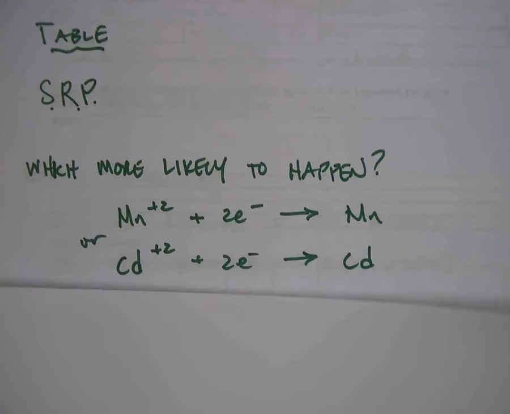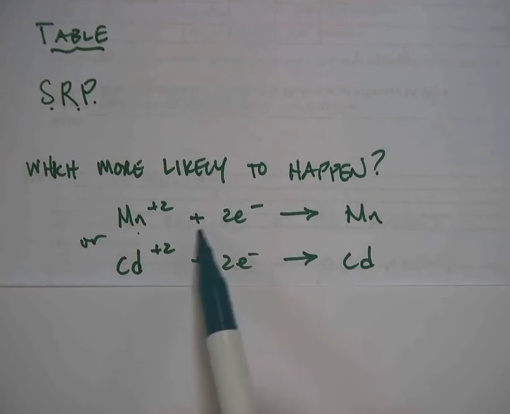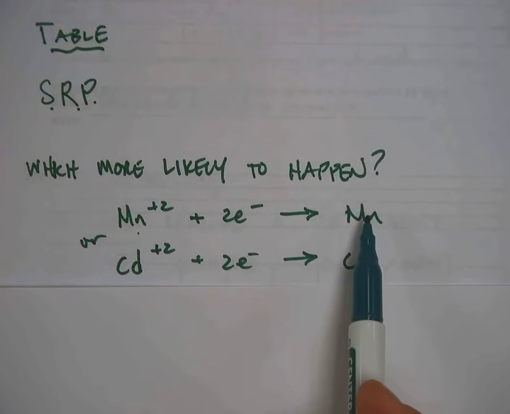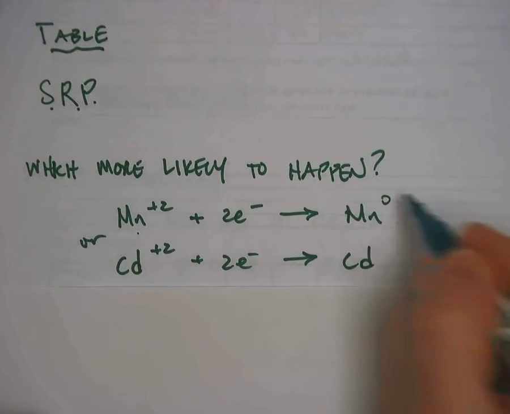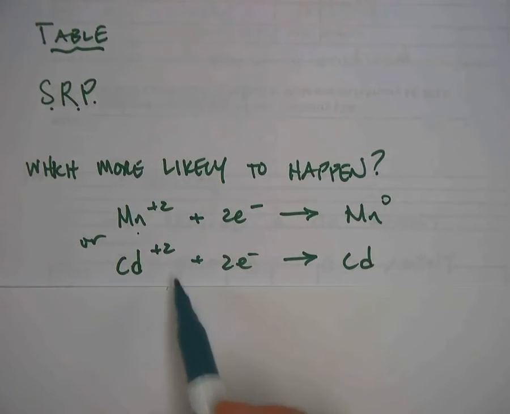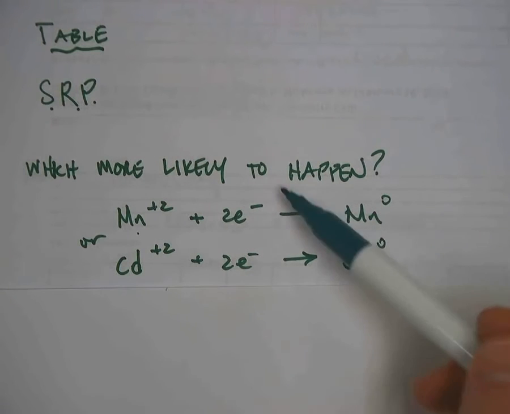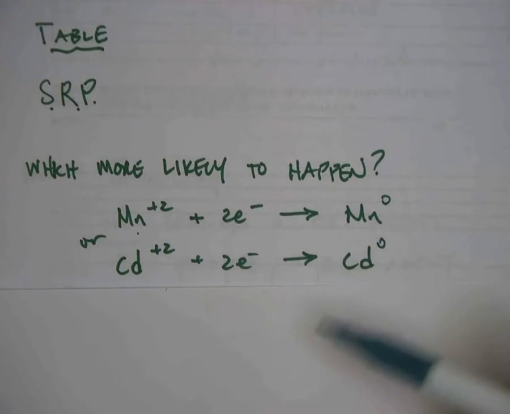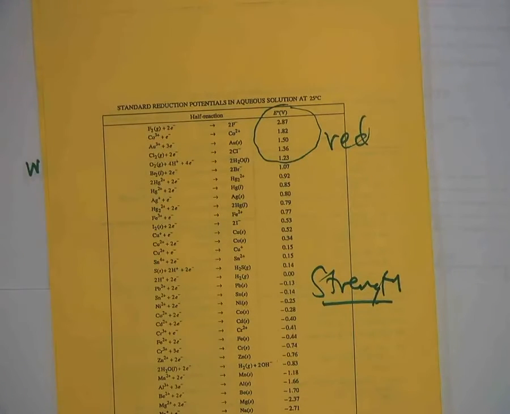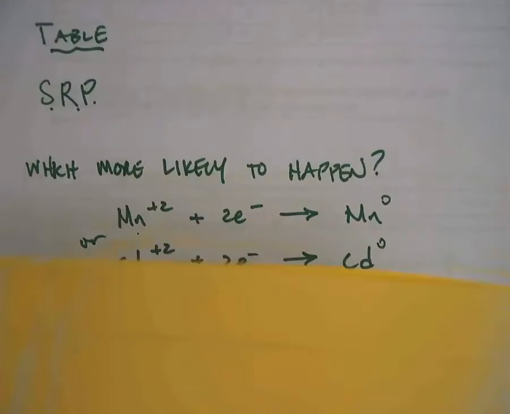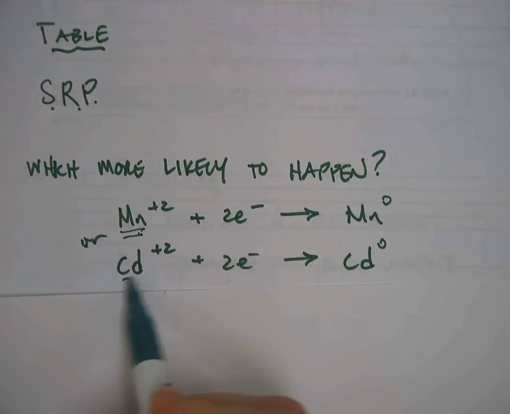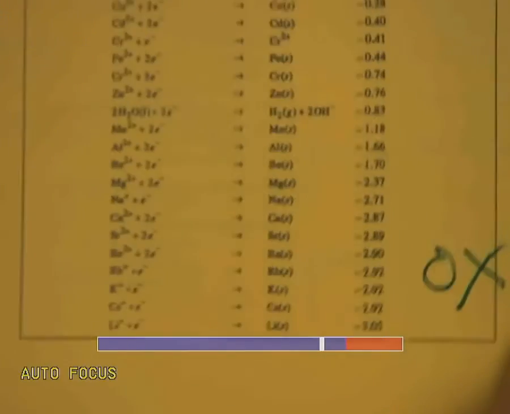Is it more likely that manganese +2 will gain 2 electrons and become manganese of 0 charge, or that cadmium +2 will gain 2 electrons and become cadmium of 0 charge? Which one is more likely to gain electrons and therefore be reduced in charge? We can look on this chart and find out. The two once again are manganese and cadmium. Let's find those two on the chart right here.